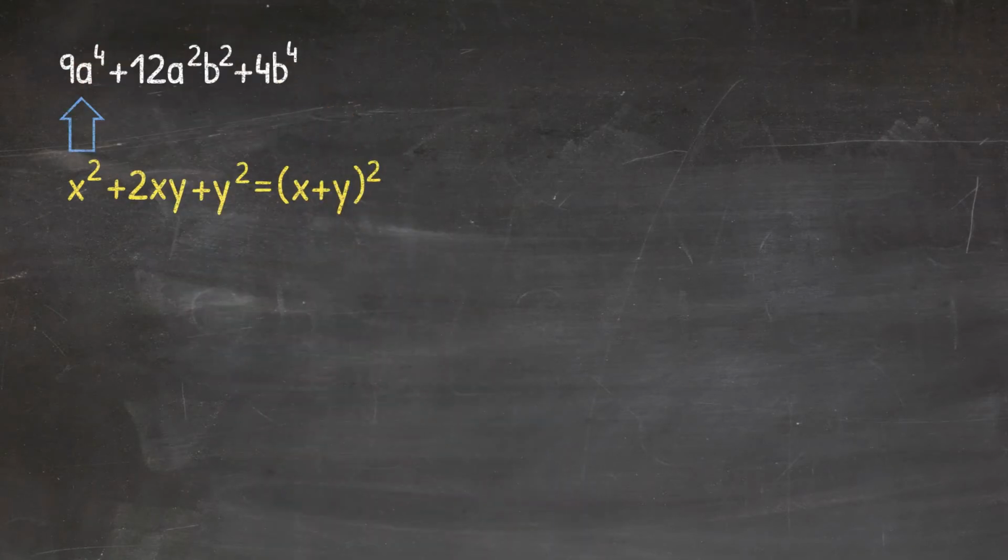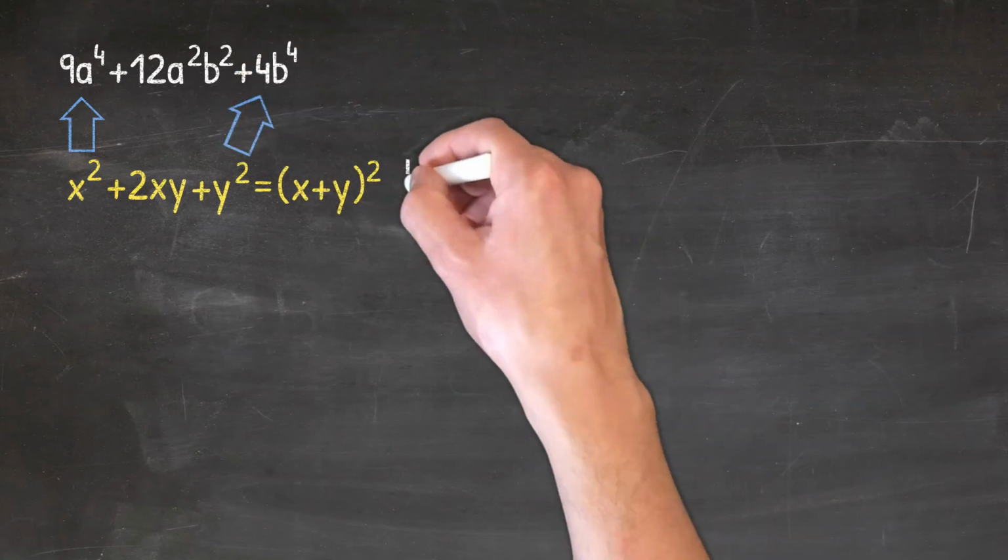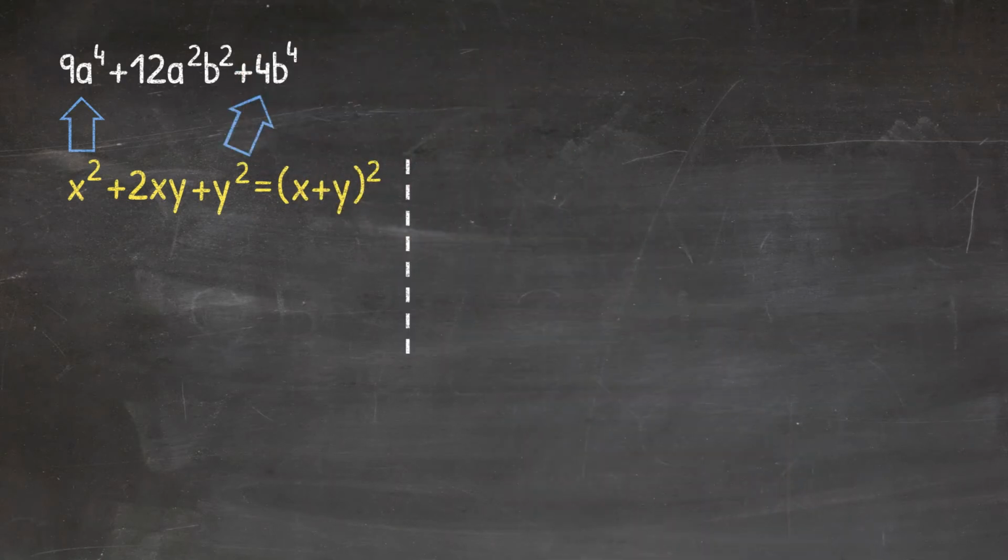As we proceed, let's assume that x squared is represented by 9a to the fourth, and y squared is represented by 4b to the fourth. So let's see if the remaining part, plus 2xy, is represented by 12a squared b squared.